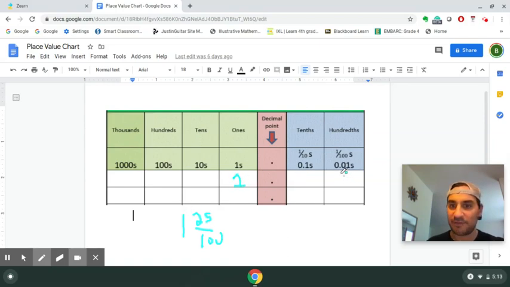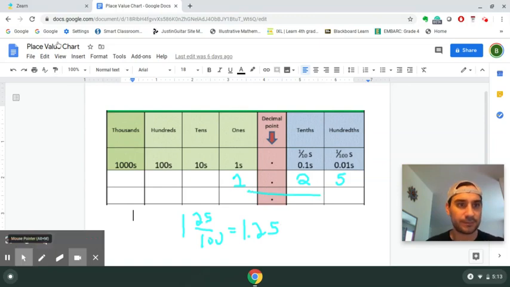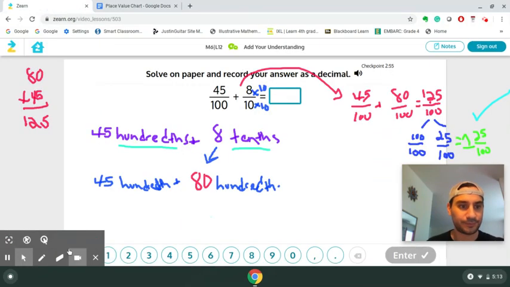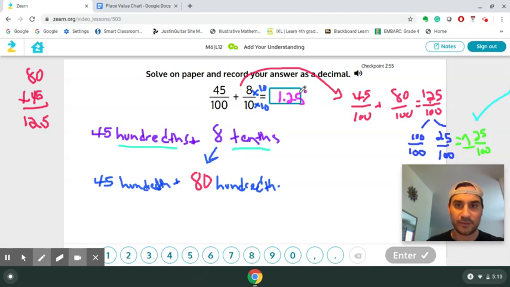I can't put 25 in the hundredths place, but I can spread out my 2 tenths, and I'll have 5 hundredths here. 1 and 25 hundredths is our final answer. All right, nice work, my friends.